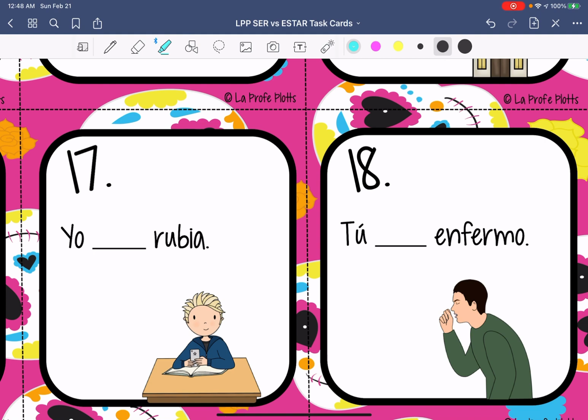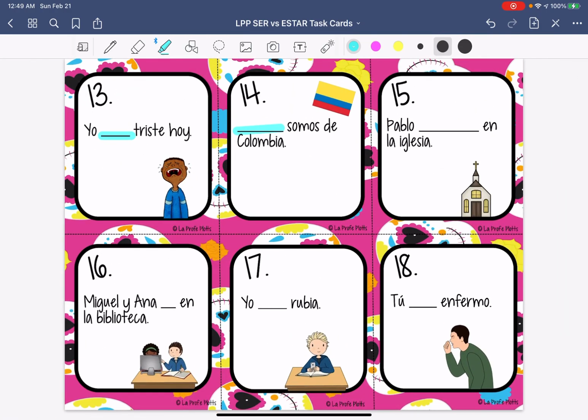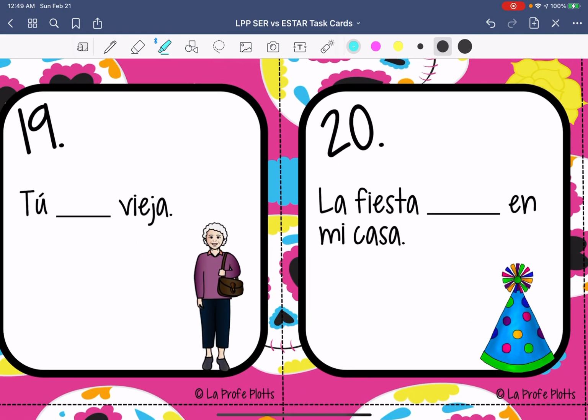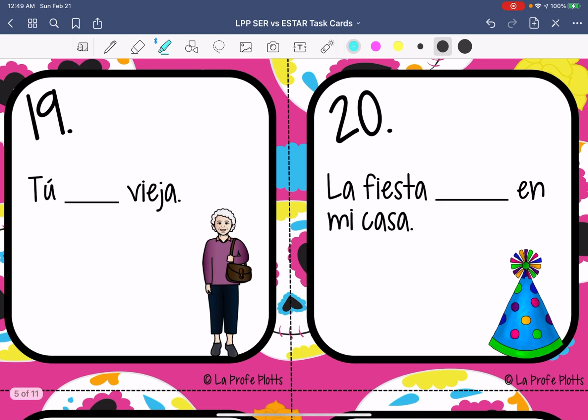Tu blank enfermo. Tell me the conjugated verb to match the subject. Perfect. Let's move on. 19. Tu blank vieja. Tu blank vieja.